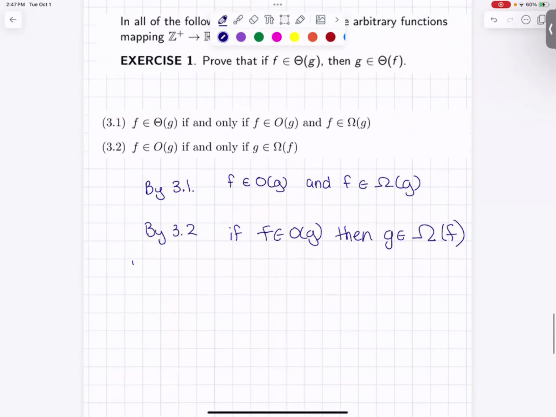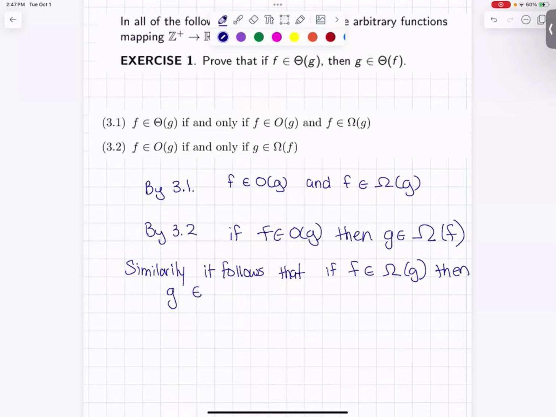And similarly, it follows that if f is in big omega of g, then g must be in big O of f, using that same proof.